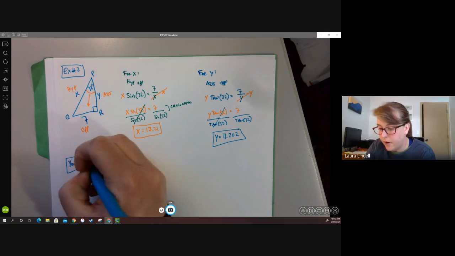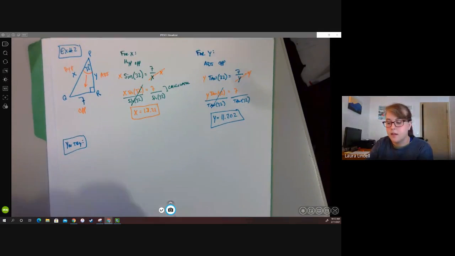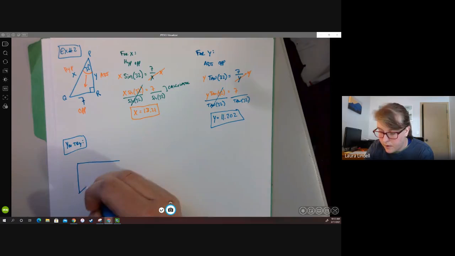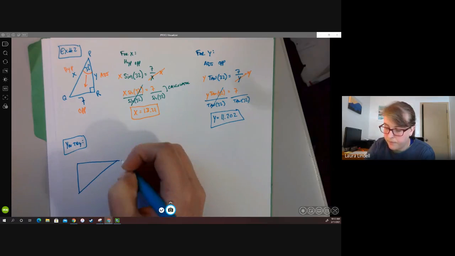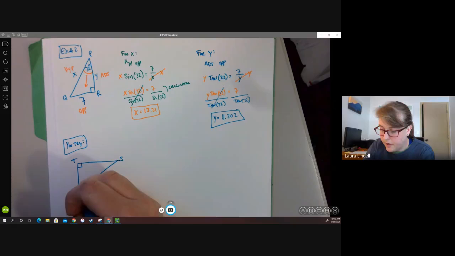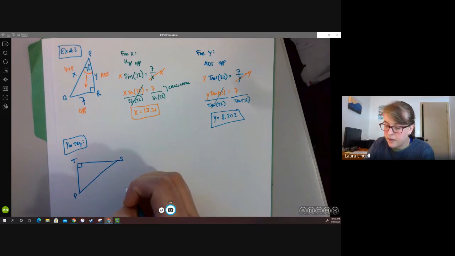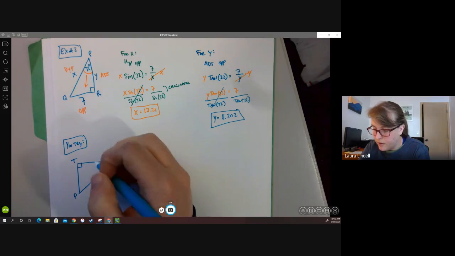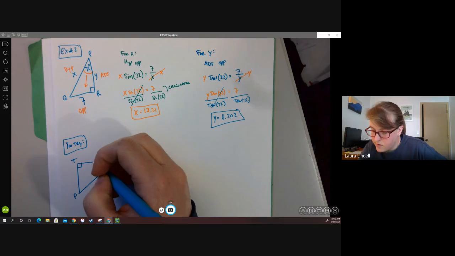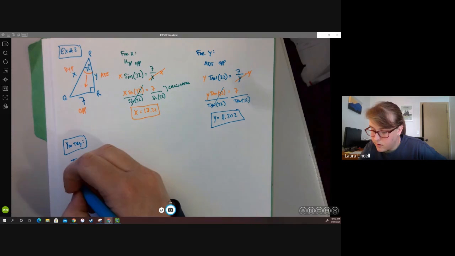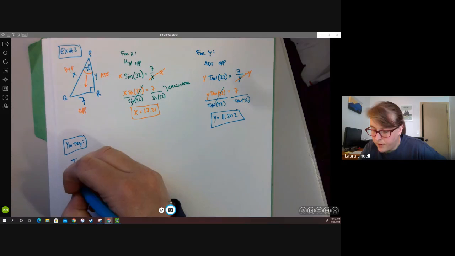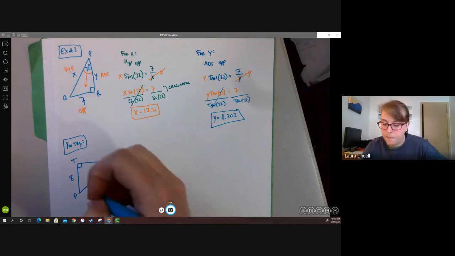I'm going to have you guys try one. Here's our triangle. We know that this side is 8 units.